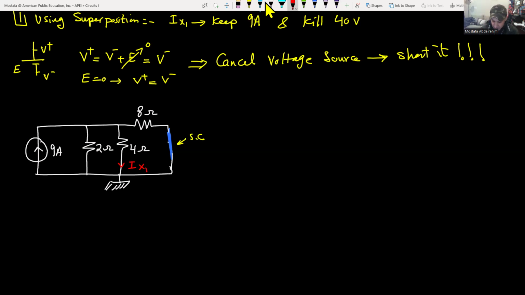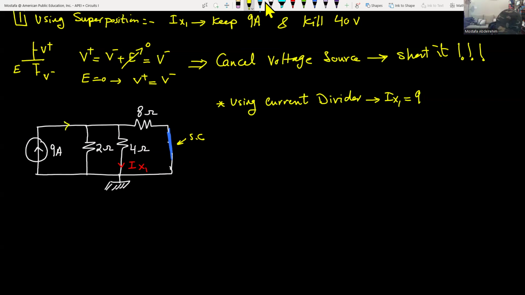That's very good. Now using the current divider, we can get Ix1. Ix1 will be equal to the 9 amp, or let's call it just 9, so as not to confuse anyone.